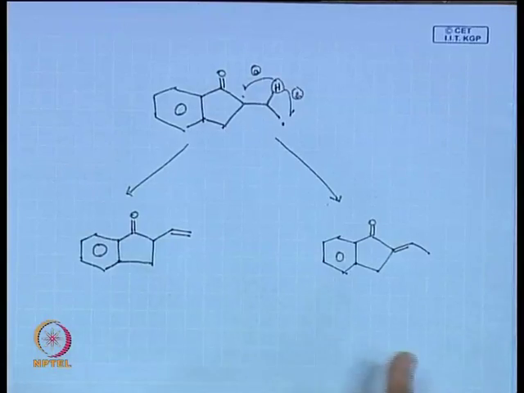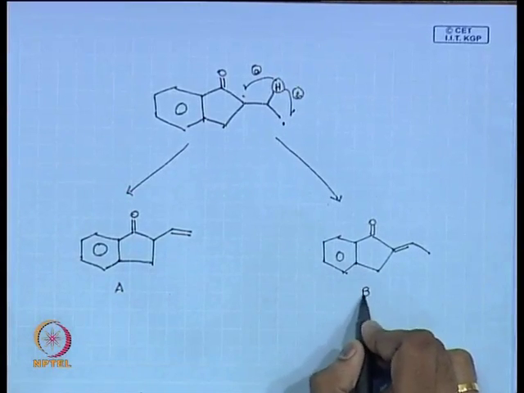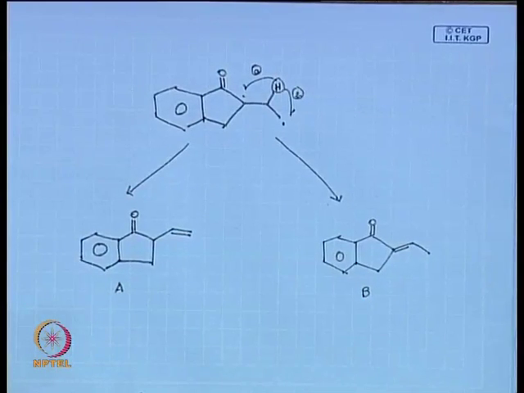So we can get two products right now. Which do you think can be the major? I can call this A, I can call this B, because you know that an internal alkene is much more stable.